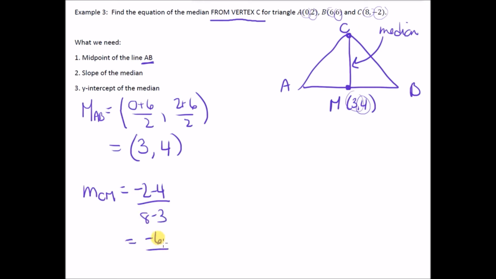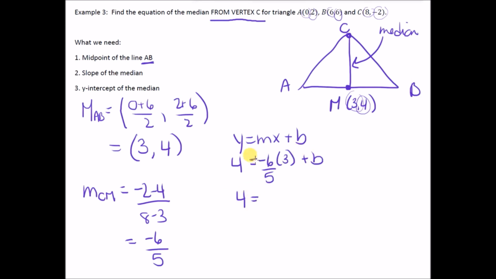We get negative 6 over 5. So that's our slope. And what we want to do is sub our slope and one of the points into y equals mx plus b in order to get our b value. So our midpoint is 3, 4, and our slope again is negative 6 over 5.